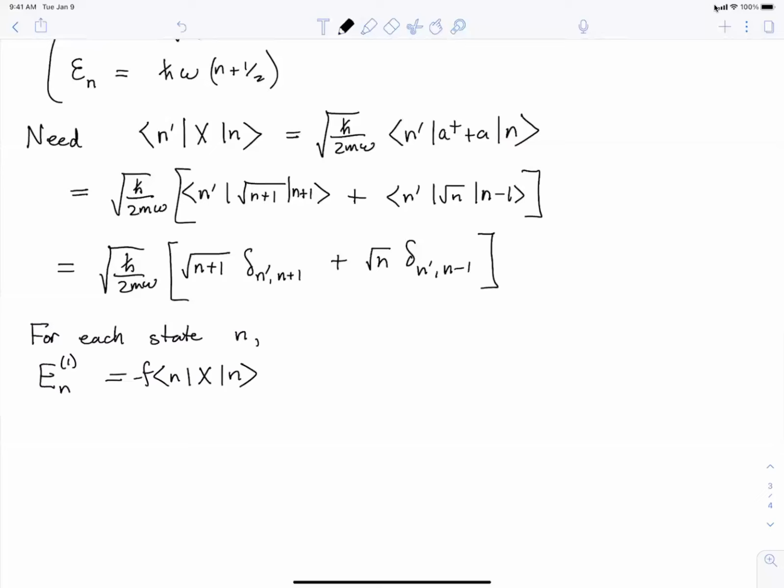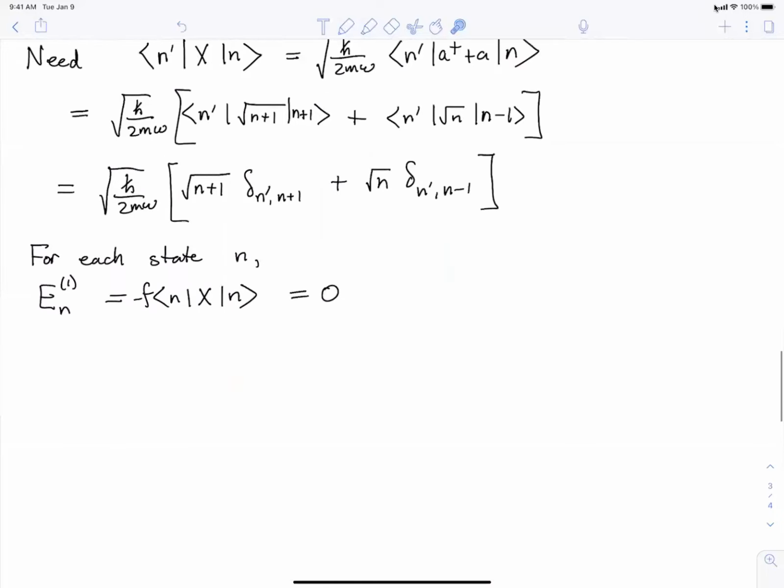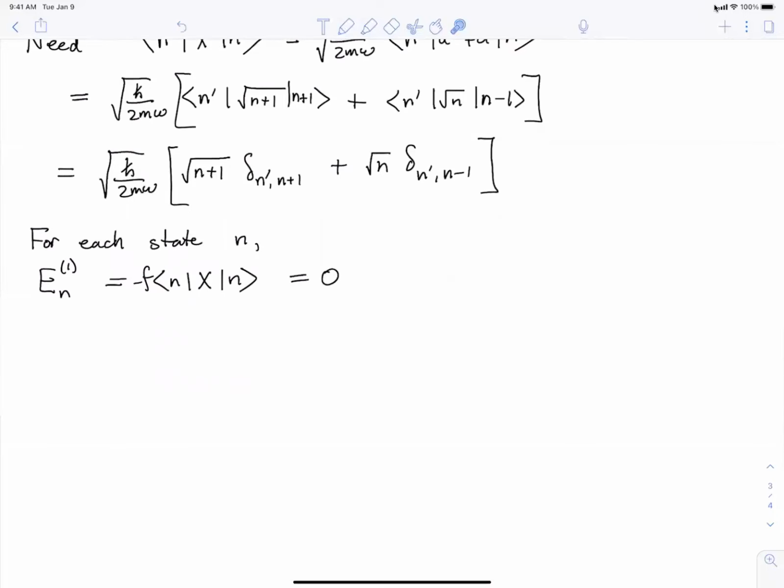But according to the previous thing that we just found, that's just 0. Because the previous thing we found says it's only non-zero if n' is equal to n plus 1, which it's not, or n minus 1, which it's not. So the first order correction to the energy just vanishes. And so when that happens, you usually want to go to second order in perturbation theory.